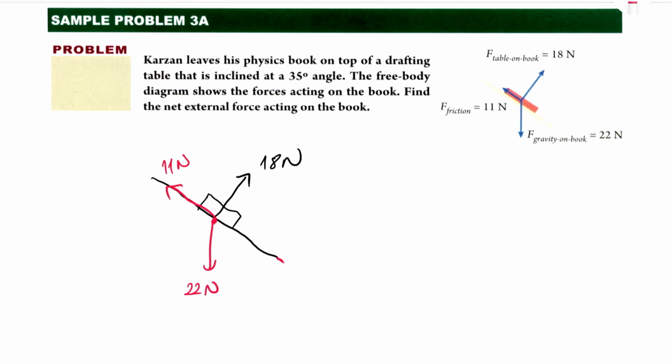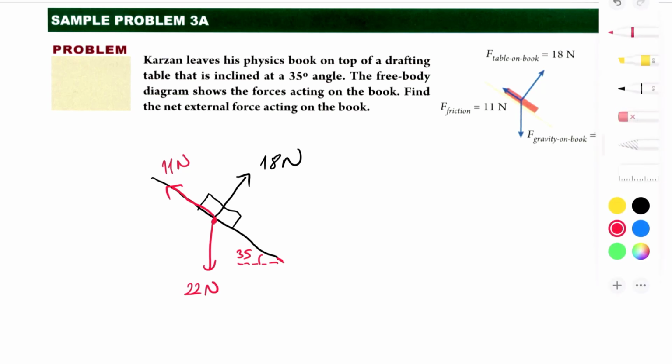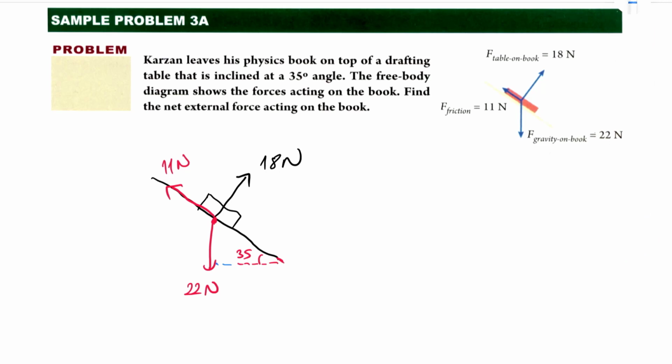The angle of the inclined plane is 35 degrees. If we complete this line here, this is perpendicular, and this angle will be what? 55. 55 plus 35 is 90, plus another 90, it will be 180.